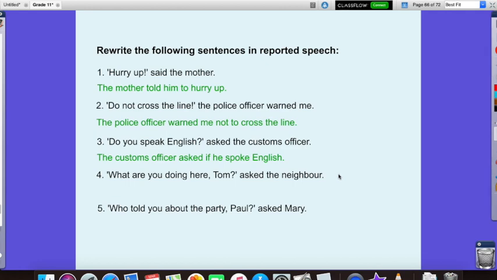Next one. What are you doing here, Tom? Asked the neighbor. The correct answer is the neighbor asked Tom what he was doing there.